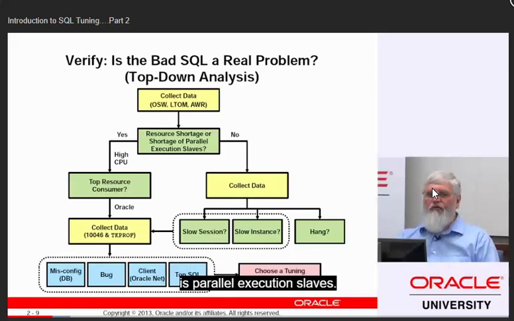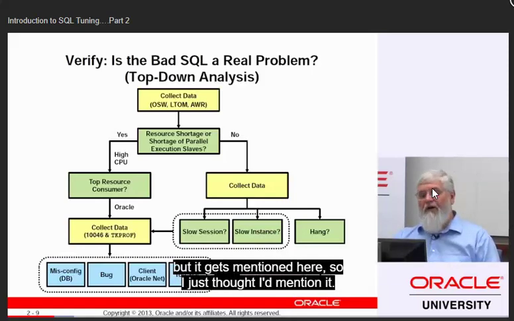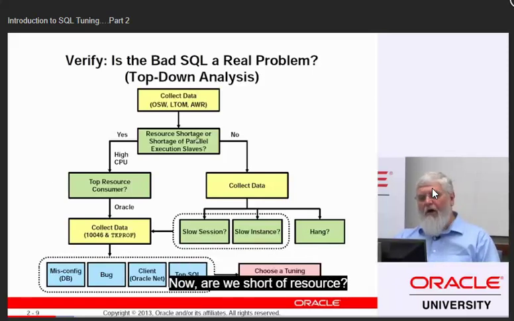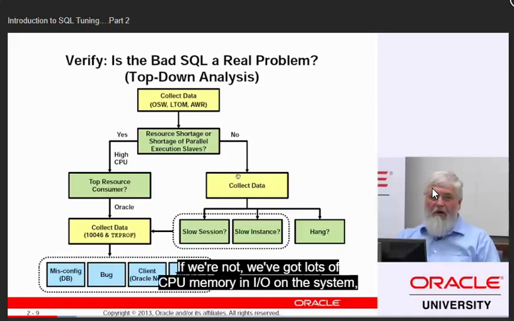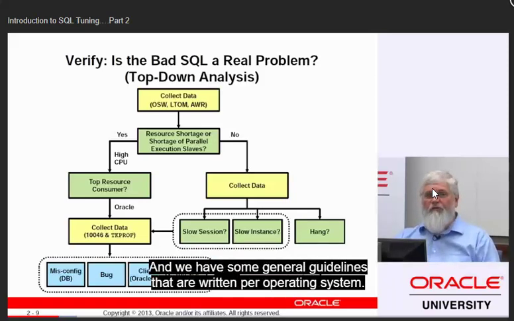Now, are we short of resource? If we're not, and we've got lots of CPU, memory, and I/O on the system and we're not saturating them, then fine. We have some general guidelines written per operating system, but for Linux, which we run the course on, we believe that generally you shouldn't push the CPU, I/O, and memory beyond 95%.